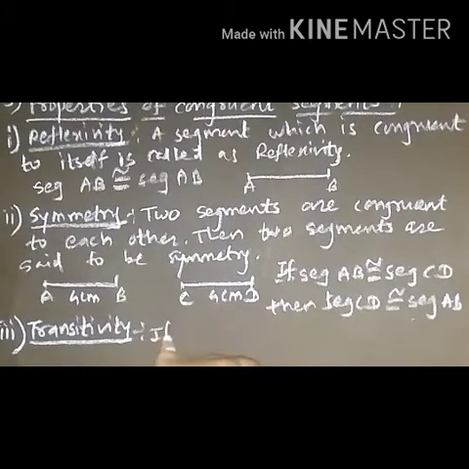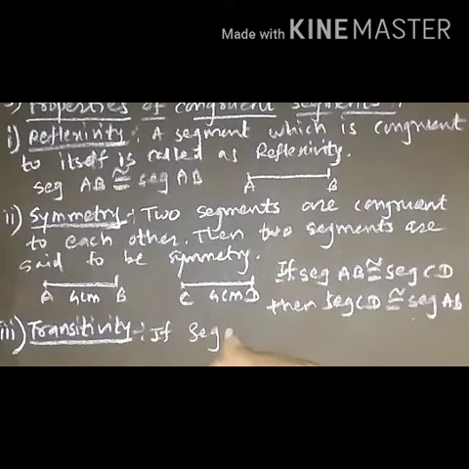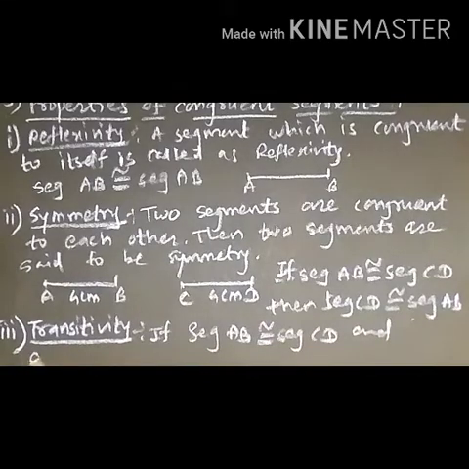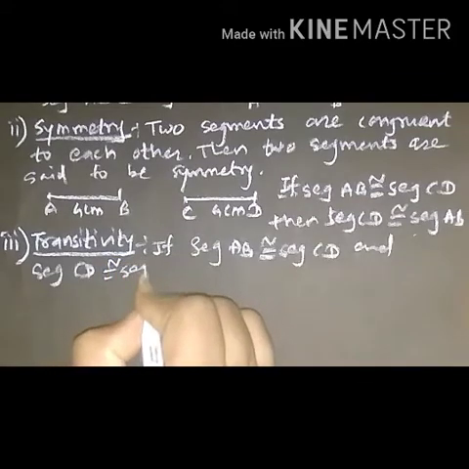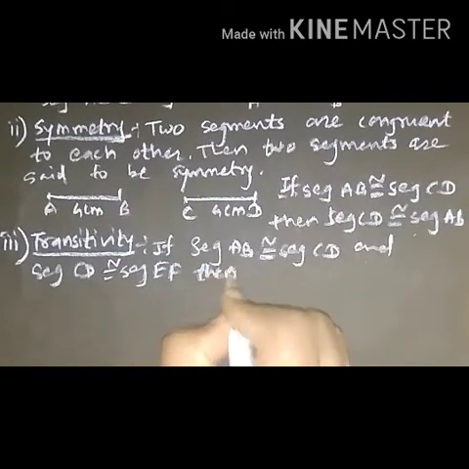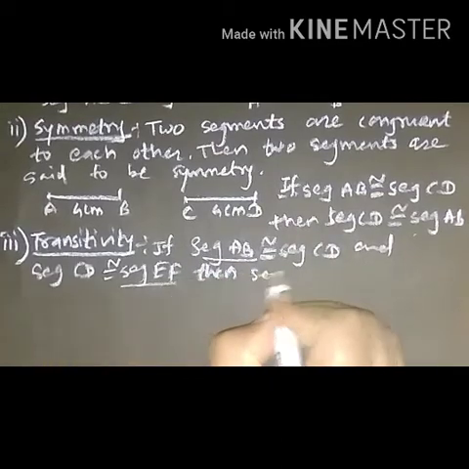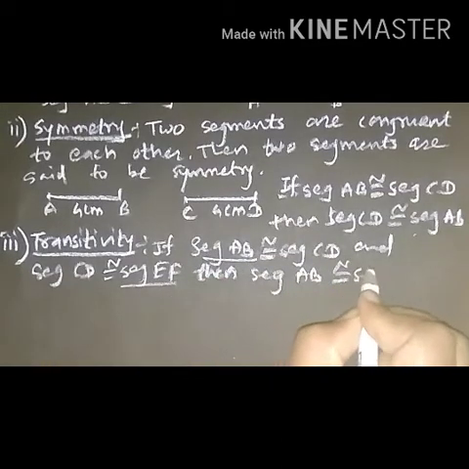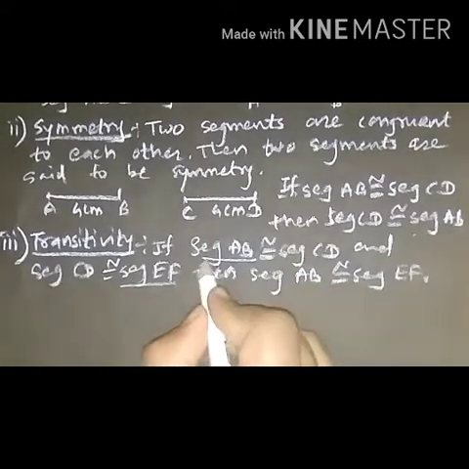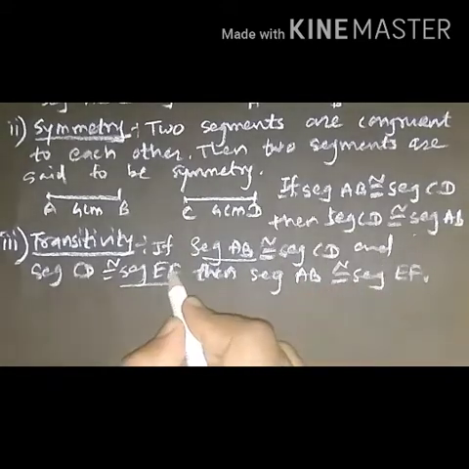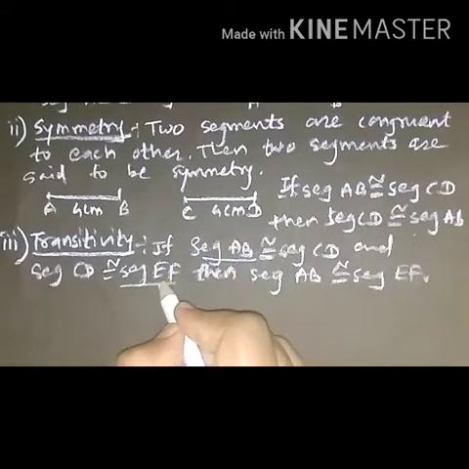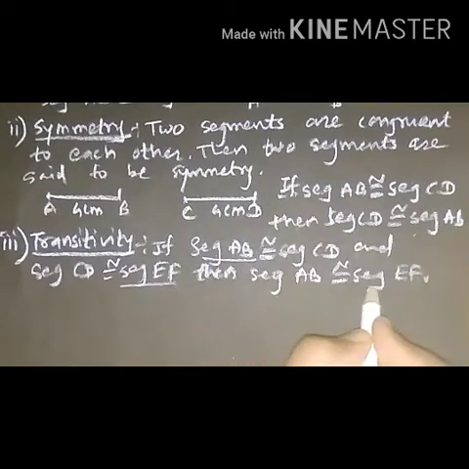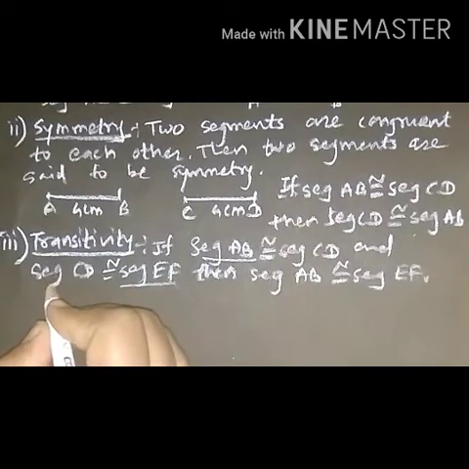For example, if segment AB is congruent to segment CD and segment CD is congruent to segment EF, then we can say that segment AB is congruent to segment EF. That is called transitivity.